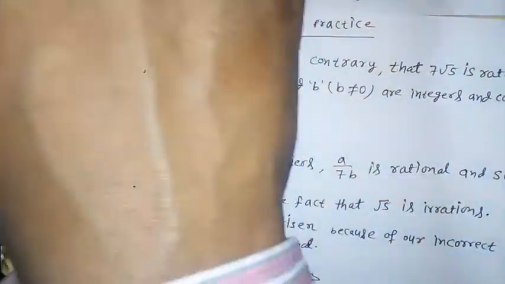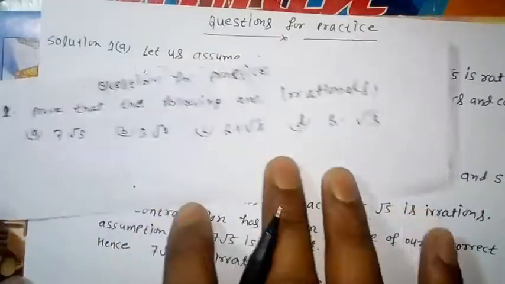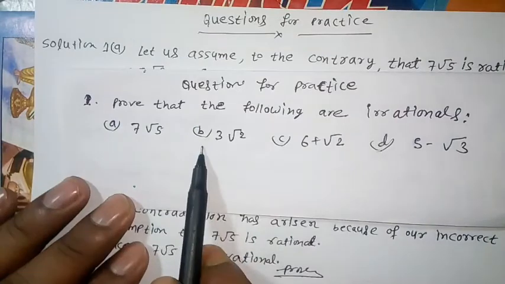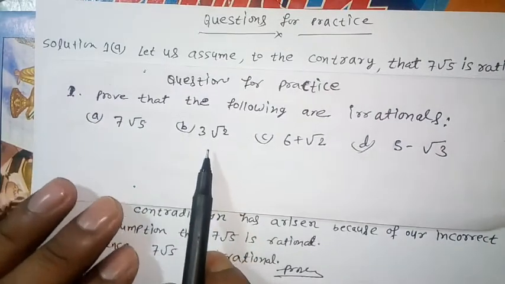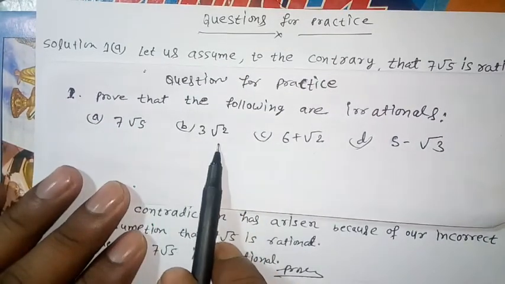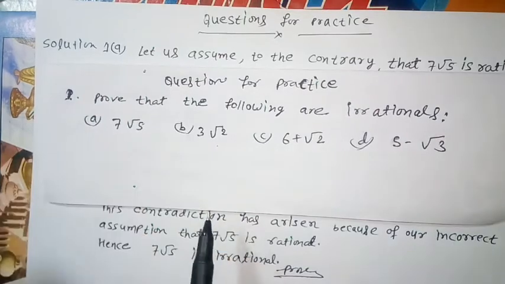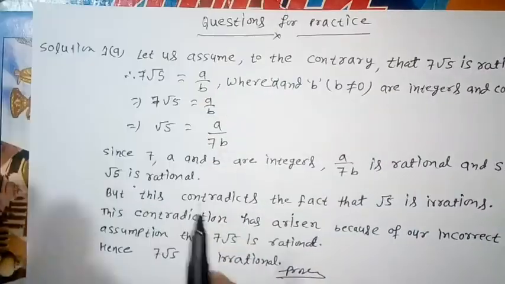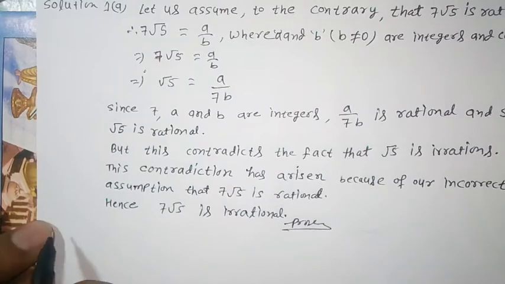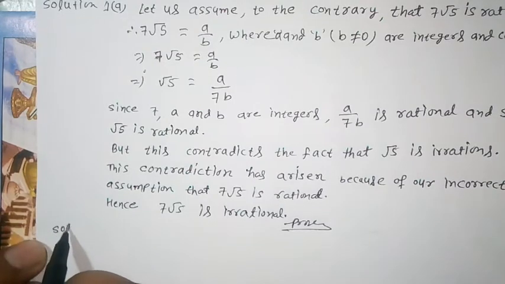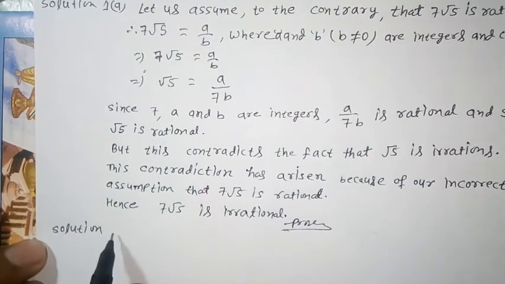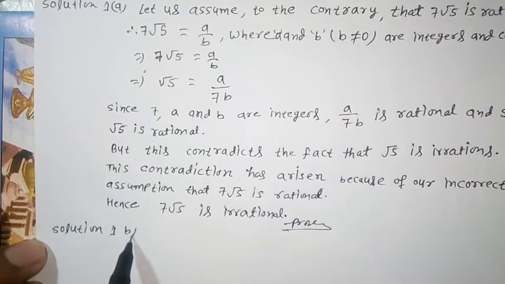Question number 1b. Again solve. 3 root 2 is irrational. Okay. Solution 1b.